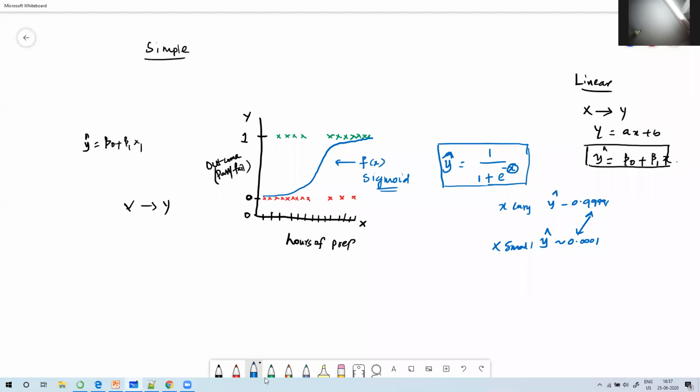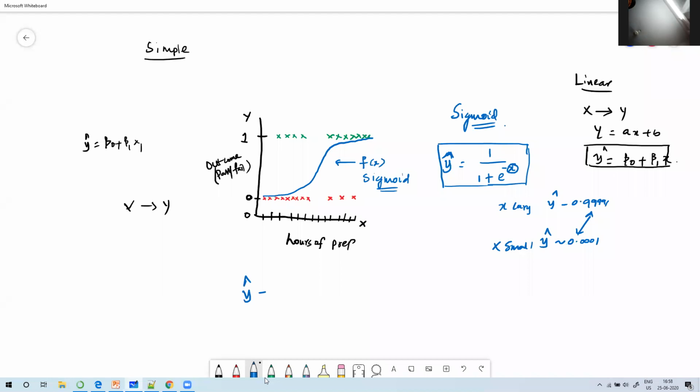So that's why we are going to use this sigmoid function to represent the relationship between x and y, instead of using x in the form of a linear equation like what we did yesterday. We are going to predict the value of y using the sigmoid function.